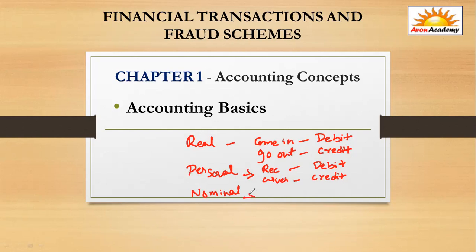When it comes to nominal accounts, nominal means what? They are expenses or they can be incomes. So you're creating an account which is not in existence, like you cannot touch, see, or feel it, such as employees or insurance. All the payments you cannot see, but you can make them, right?